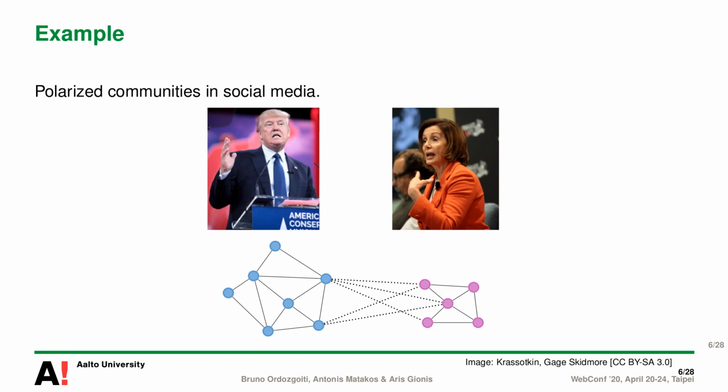So an example of where we might see balanced graphs occurring in real data is polarized communities in social media.